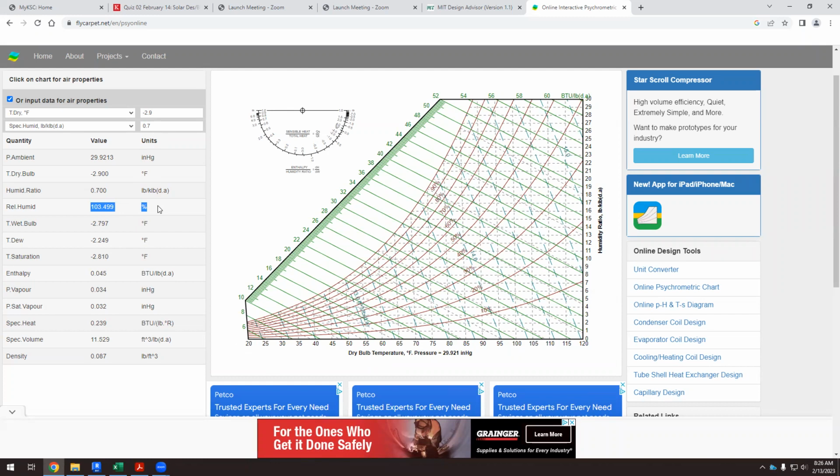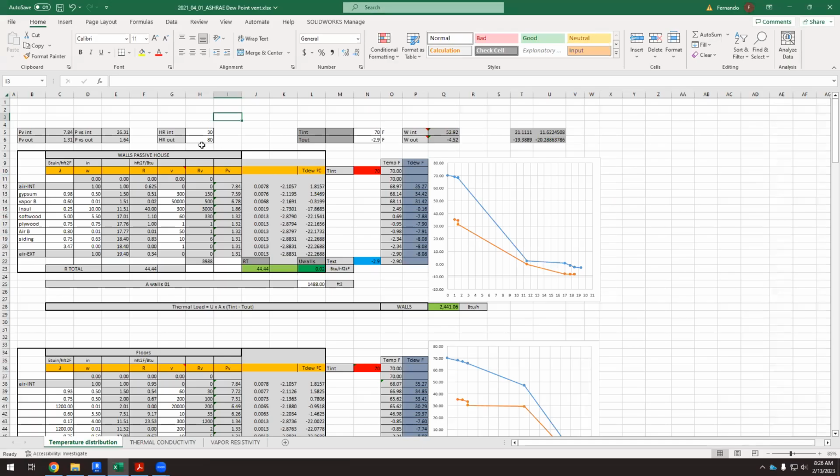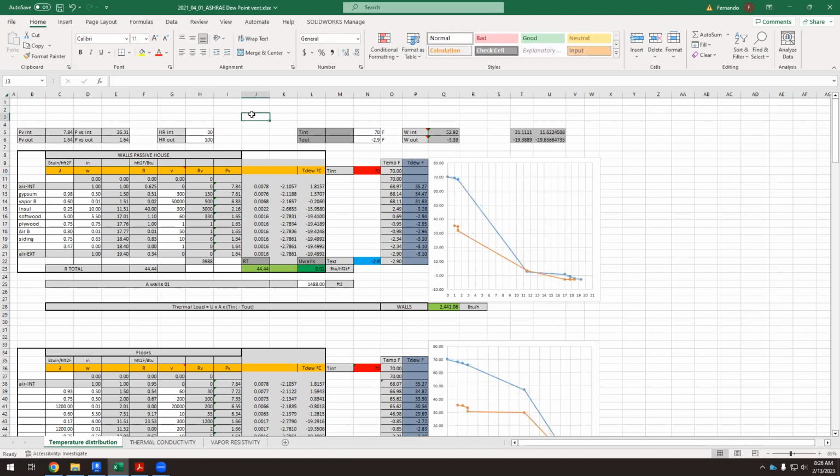It's impossible, because the maximum relative humidity is 100. So we can type that the outdoor relative humidity is 100. It's a very cold and very humid day. Maybe it's snowing. When it's raining or snowing outside, the relative humidity can be very close to 100.